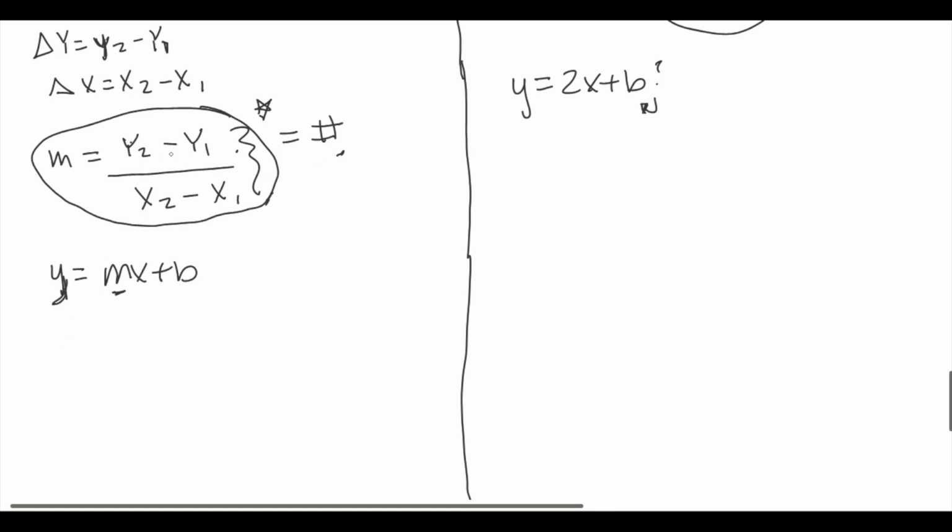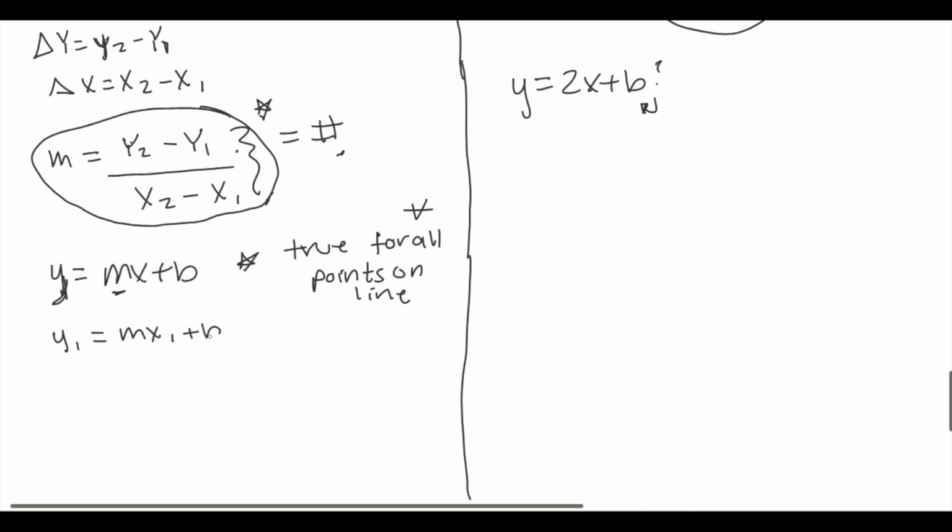Well, we know that this statement here, y equals mx plus b, is true for every single point. It's true for all points on the line. So that means it's also true that y1 equals m times x1 plus b, and that y2 equals m times x2 plus b.